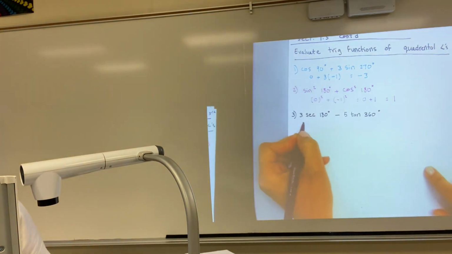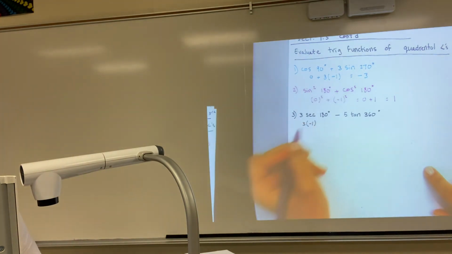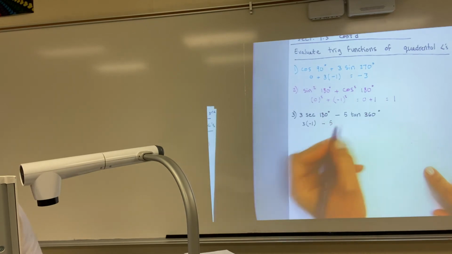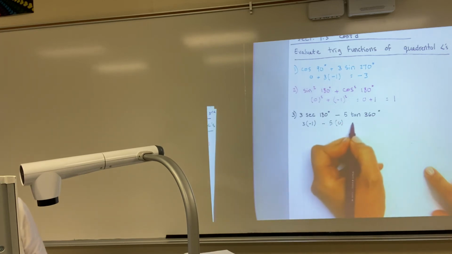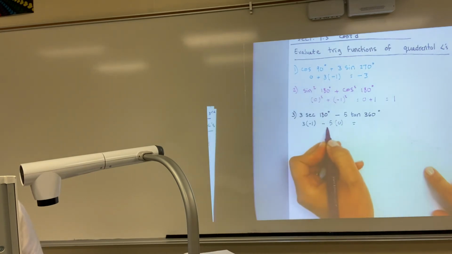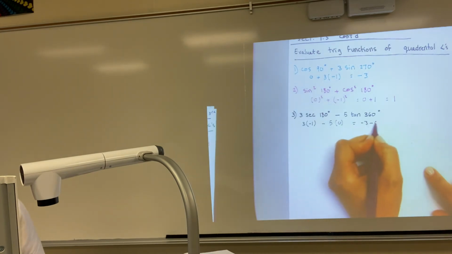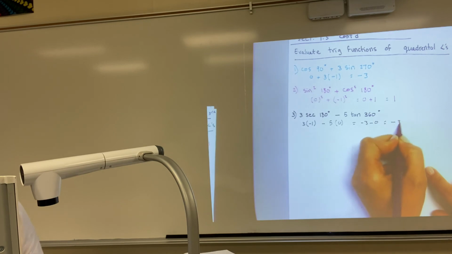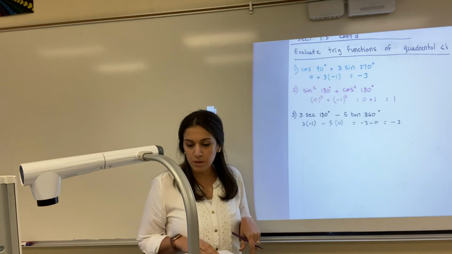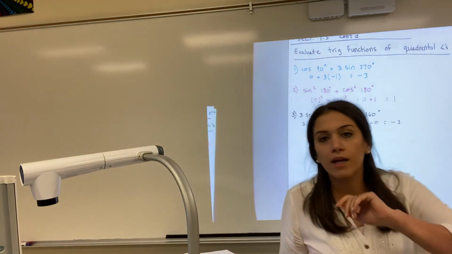So I have 3 times negative 1 minus 5, and tangent 360 is 0. I know that from the table. So that's negative 3 minus 0, and that's equal to negative 3. Okay, that's it for section 1.3, and I'll see you later.